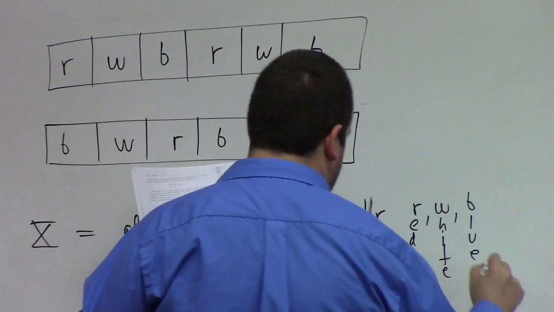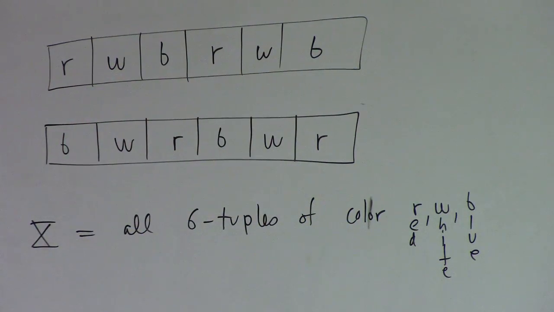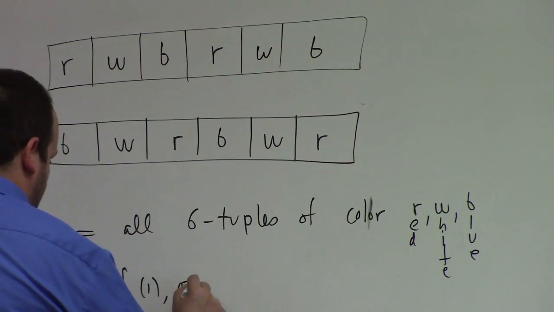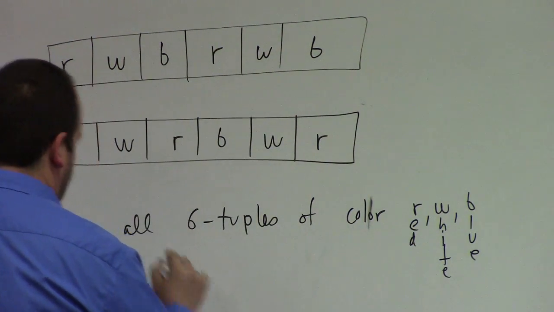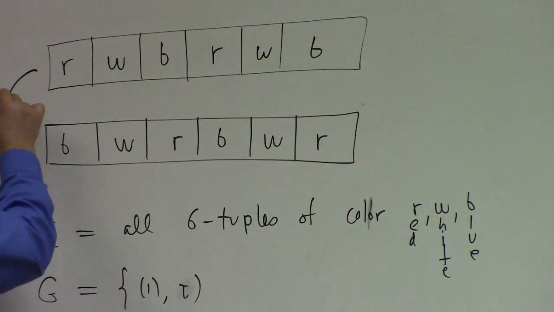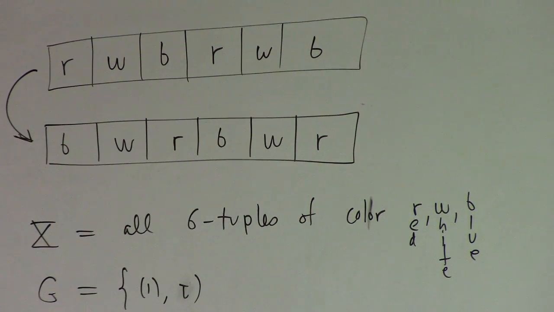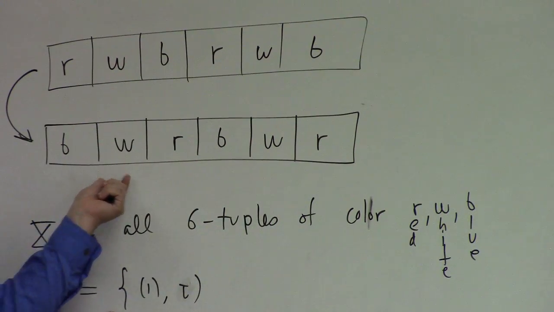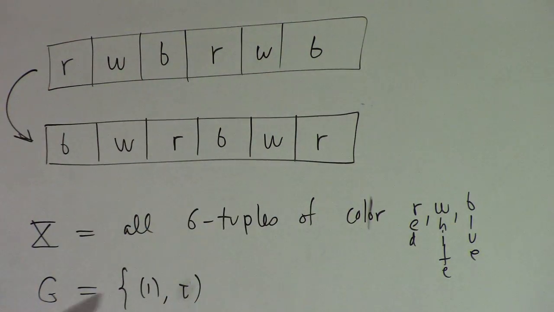And what's the group that acts? The group that he has in mind is a two-element group. It's just 1 and tau, where tau is the fact that you can look at the flag one side or the other. And so if you read through this, he explains, first of all, the identity permutation fixes every element of the set.